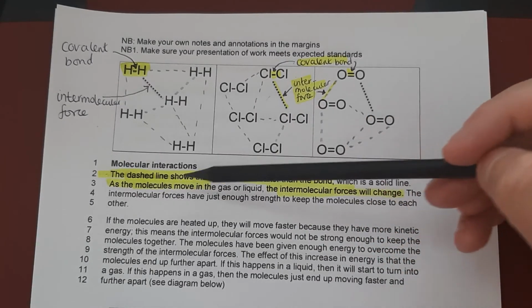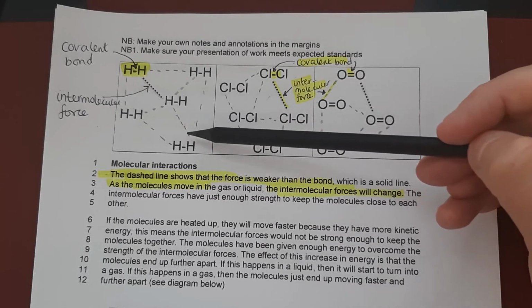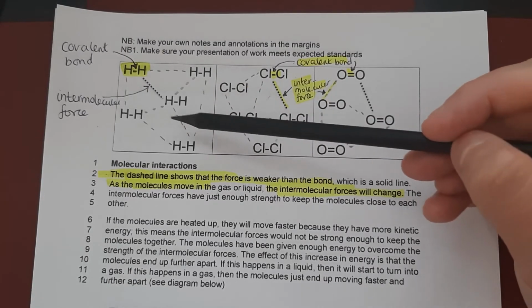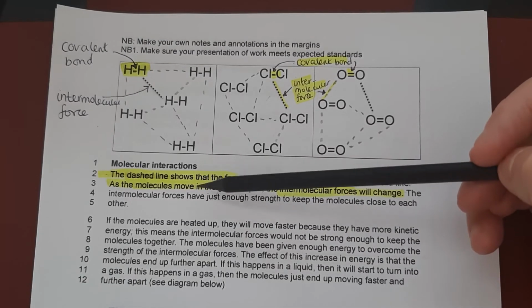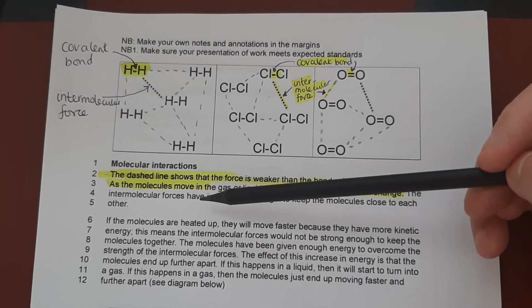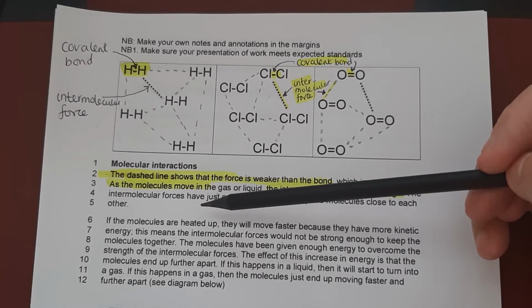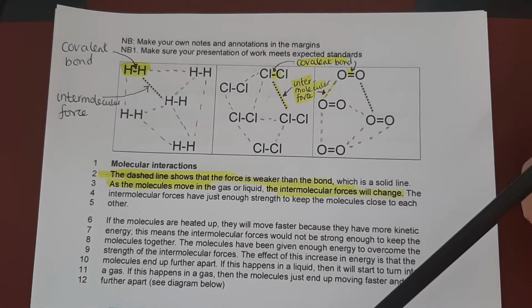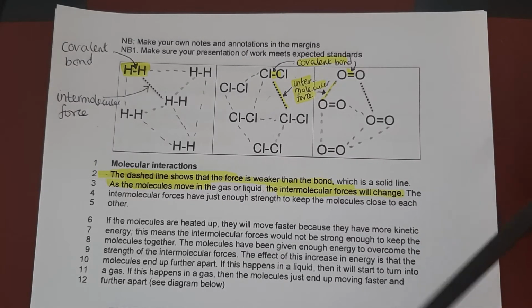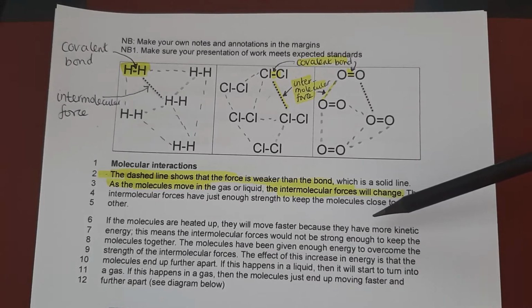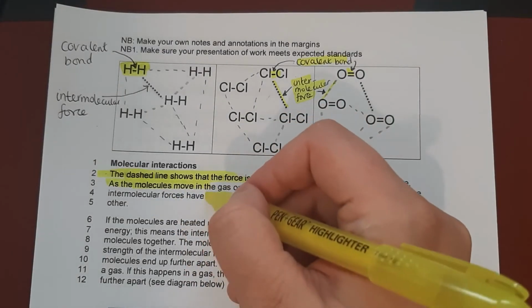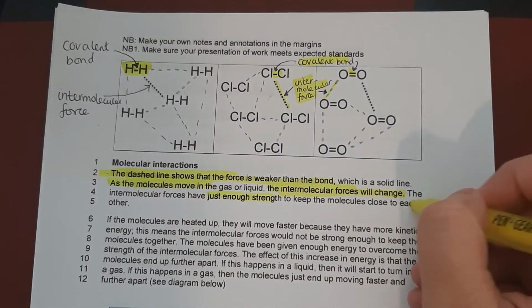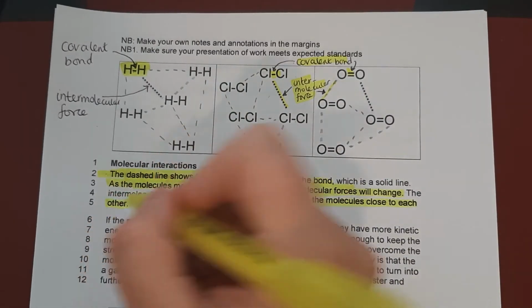So these little forces between them, which are like bonds but not quite the same, are constantly broken and remade as they move away from each other and closer to new molecules. So these intermolecular forces have just enough strength to keep the molecules close to each other, and only just.